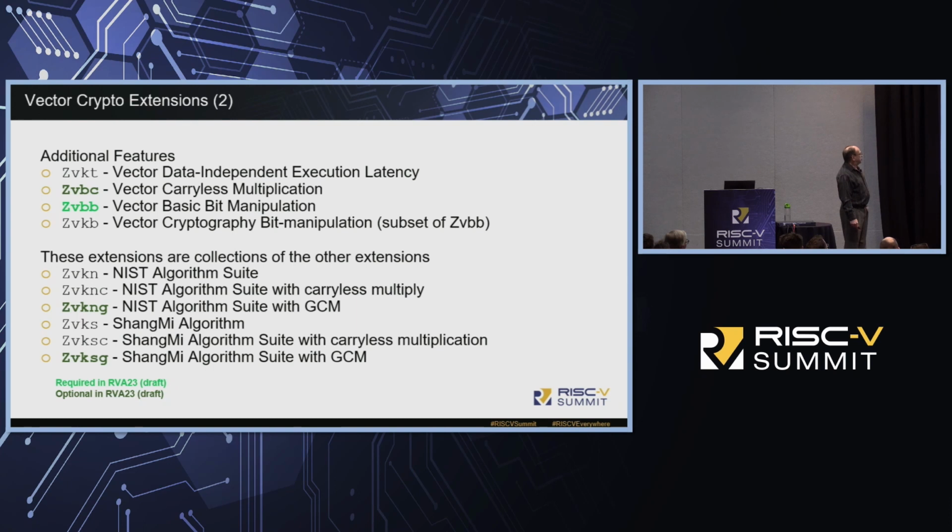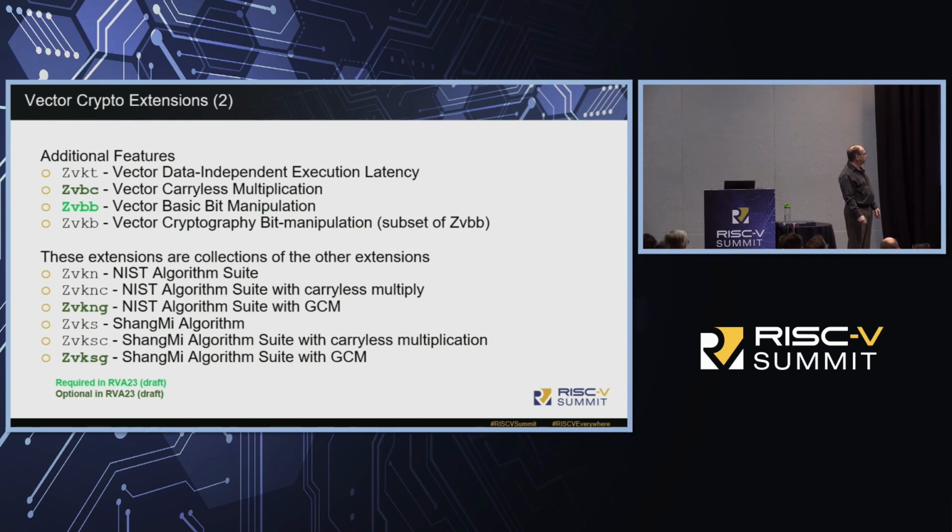The next extensions in the specification are really collections of all of the previous extensions. So you have the NIST algorithm suite, and that's AES, SHA-2, ZVKT, and ZVKB. So the cryptography, bit manip, and vector data independent execution. The next two extensions just add on additional features.